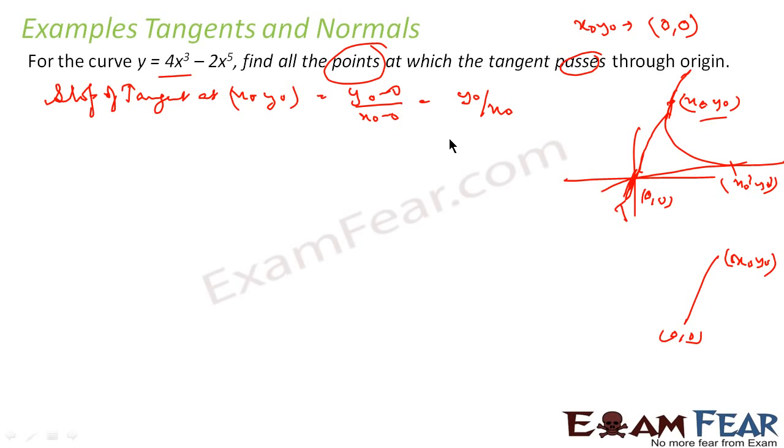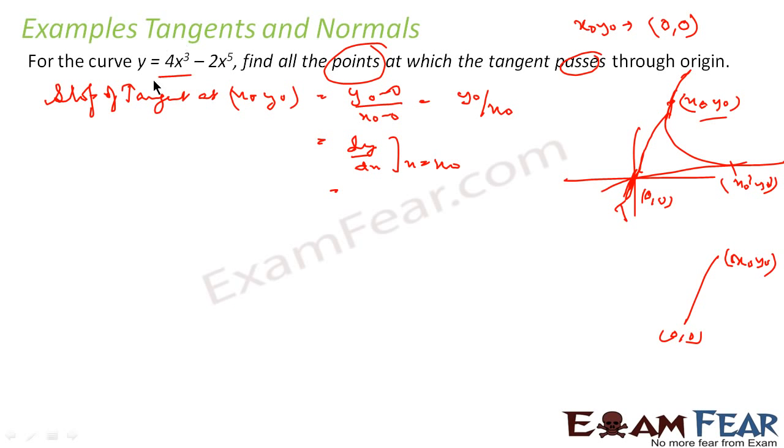So I have the slope of the tangent at x0 and y0. So if I have the slope, I can very well find the answer, because there are two ways to find slope. One is I have the slope, right? And now the slope of the tangent at this is also equal to dy by dx at x equal to x0.